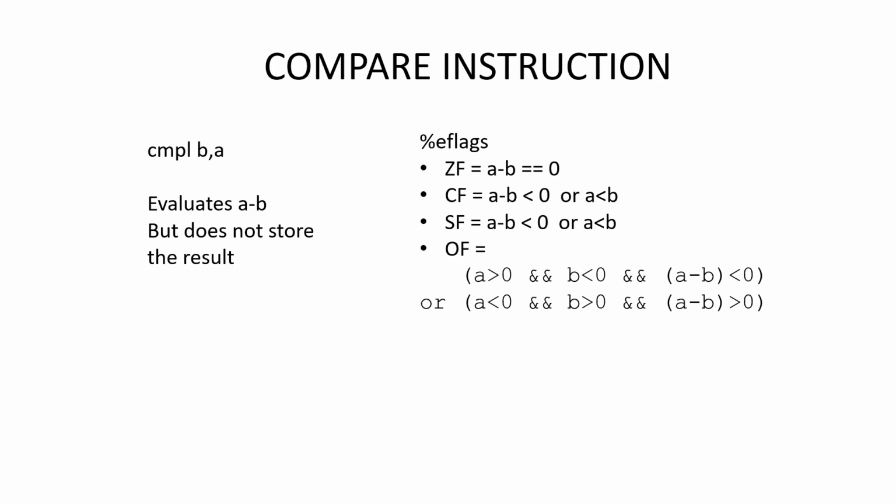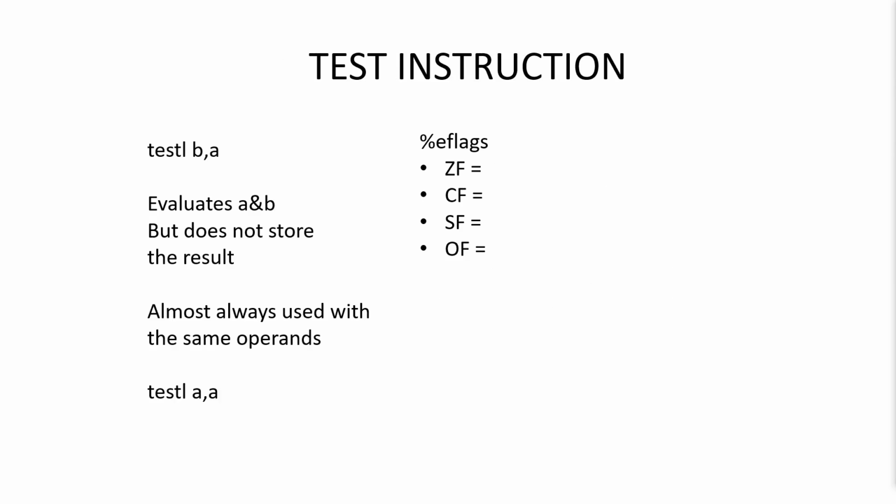All right, next up, the test instruction. The test instruction is just going to compare A and B, but it's going to do the bitwise AND operator, but then not store the result. So syntax is going to be test L, B or W, I need that suffix, B comma A. Doesn't matter which order I put these in, because it's just going to do the binary bitwise AND operator.